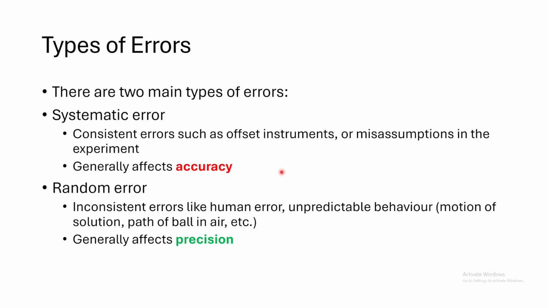So like one constant step, your scale is off by 2 grams, or you assume that velocity is constant for an inclined plane experiment. These are errors that if you hadn't had them, you would have had results accurate to the theoretical experiments.